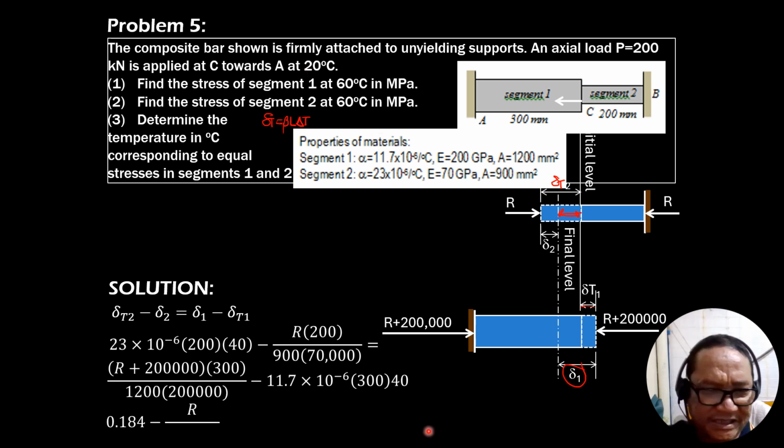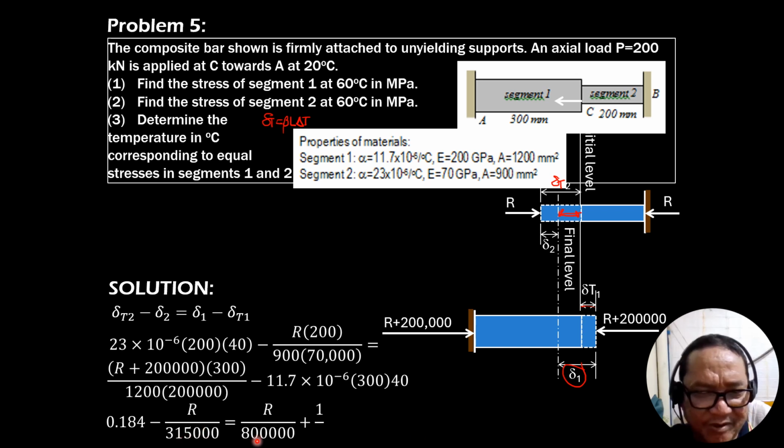Simplifying each term, so 0.184 minus R over 315,000 equals R times 300 over, this is R over 800,000, then 300 times 200,000 over 200,000 cancels, so 300 over 1,200 is 1/4.